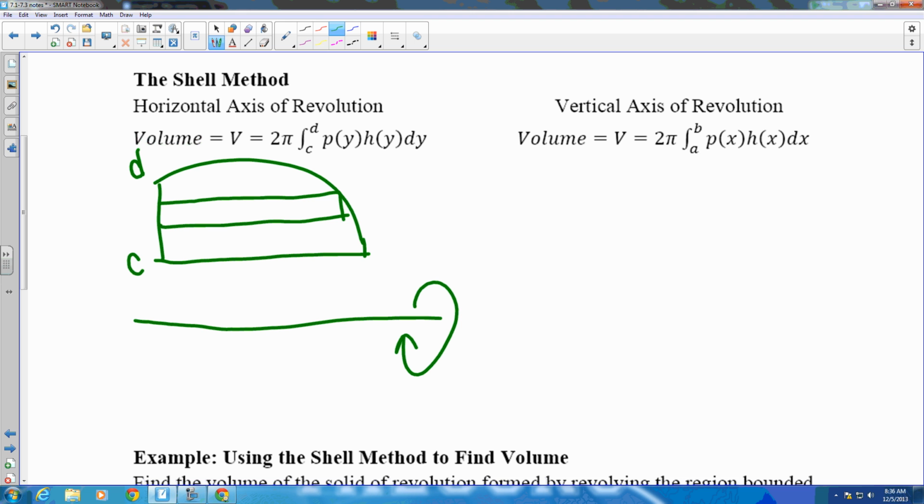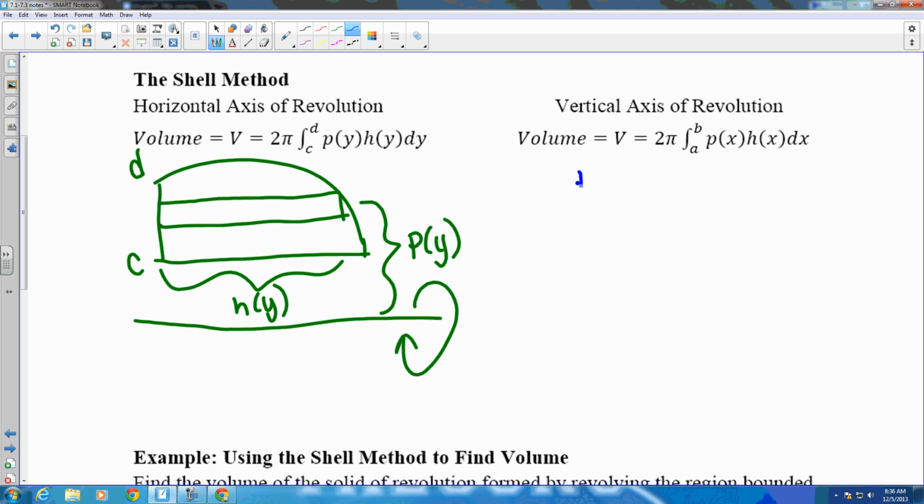The volume is 2 pi times the integral from C to D of p of y times h of y. Now p of y is the distance it takes to get to the rectangle, and the h of y is the height of the rectangle, which is generally going to be your function.